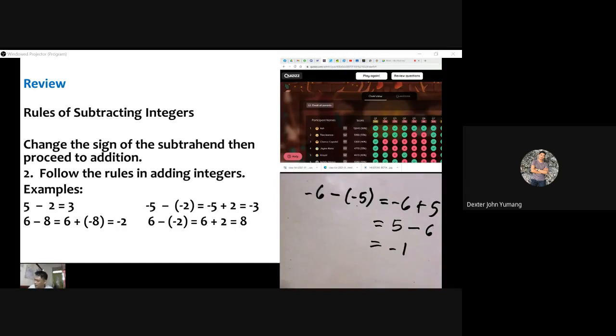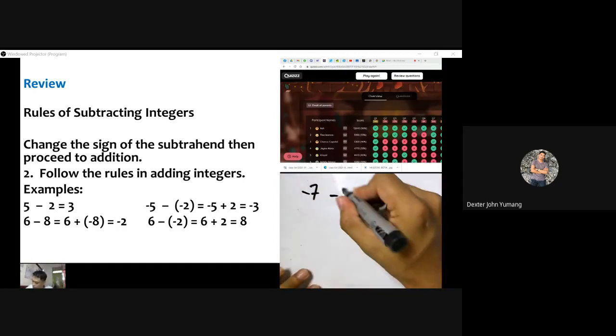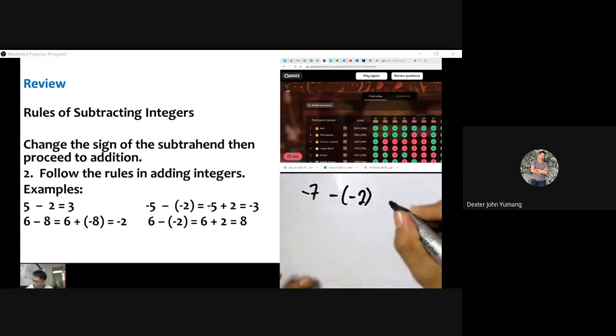So another example. Negative 7 minus negative 2. Okay, please type your answer.